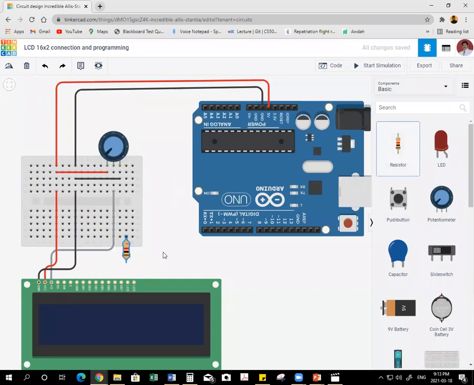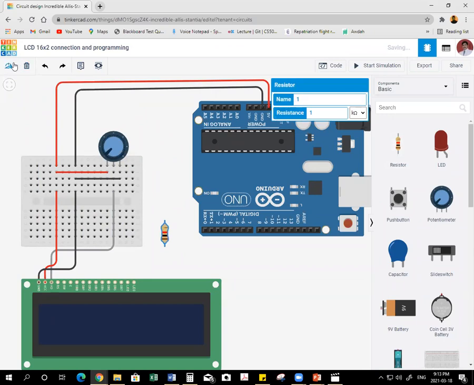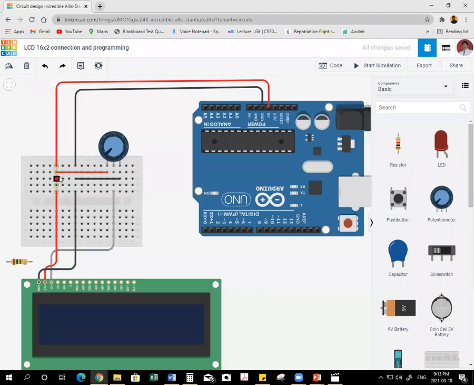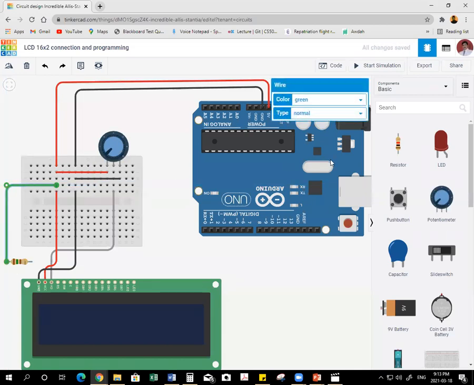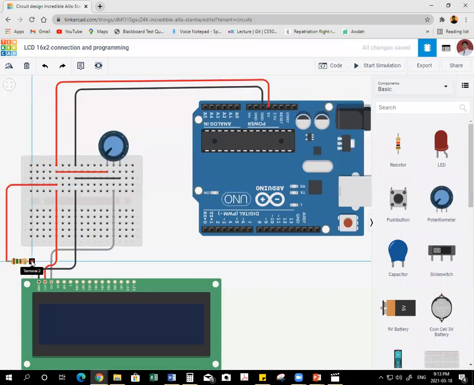We'll have a resistance. I'll rotate this. You can use a 150 ohm resistance. Later we'll decide how much brightness we need. This is from the red, and now this is going to the LED anode.